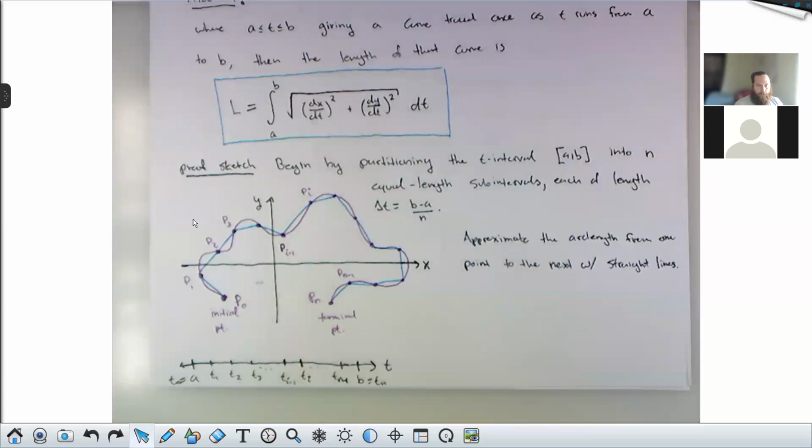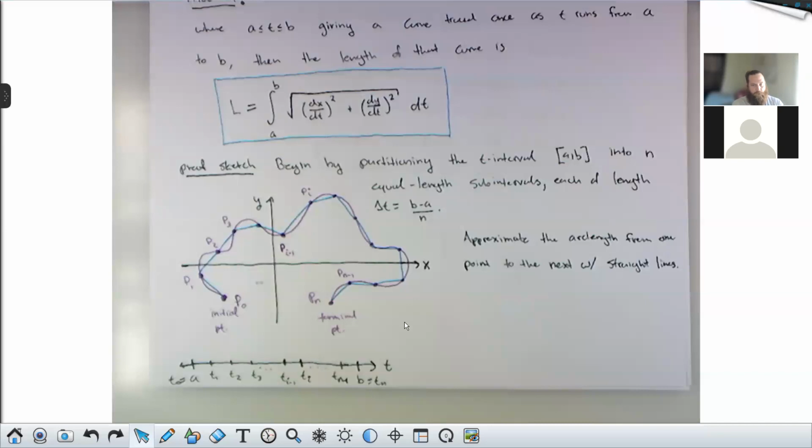Now the blue lengths are not exactly equal to the purple length, right? The purple length is curvy. It's definitely a little bit different than the blue. But if I use more and more points, then the blue length will get closer and closer to the exact purple length.